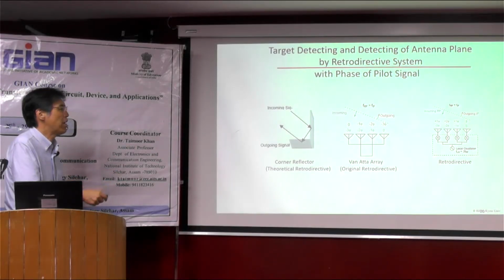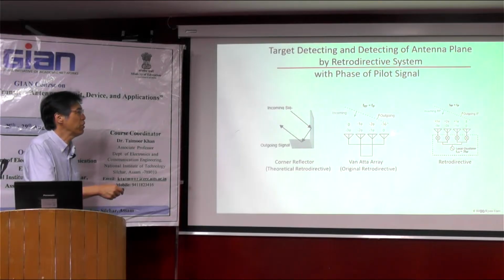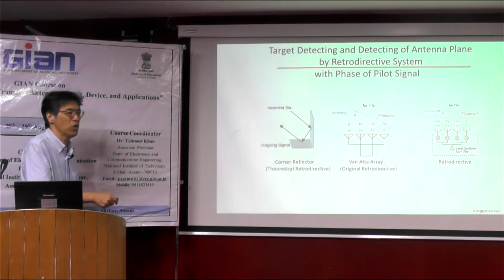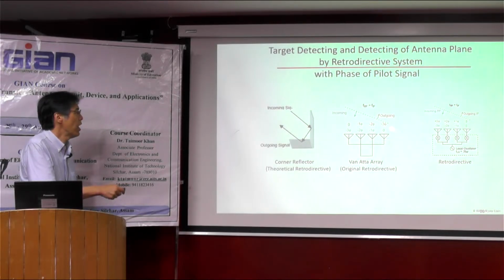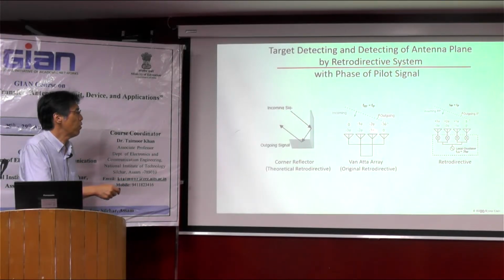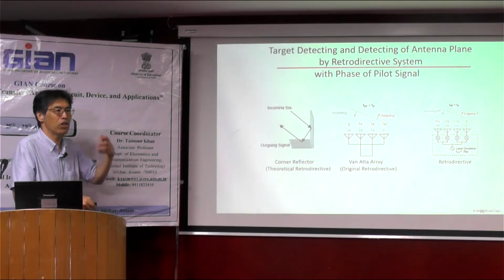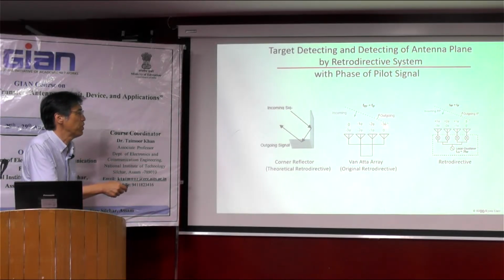So Van Atta proposed we change the position from the receiving antenna to the transmitting antenna. When we change the position from the edge of the right side to the left side, we change all the phase relationships.